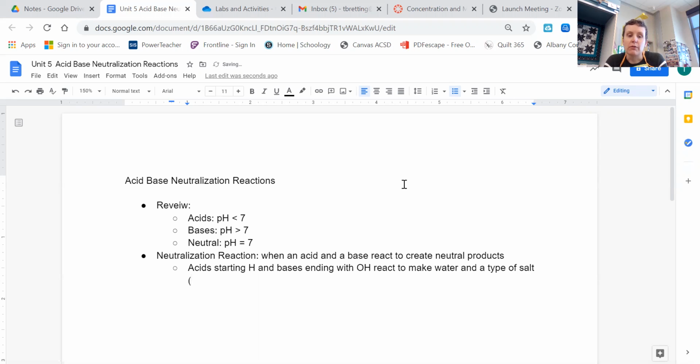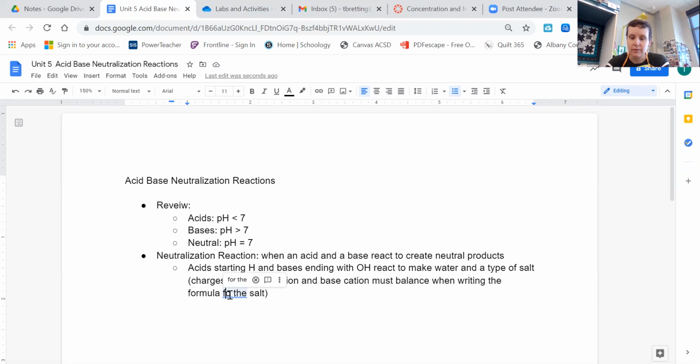In parentheses here, I'm going to write the charges of the acid anion and the base cation must balance when writing the formula of the salt.